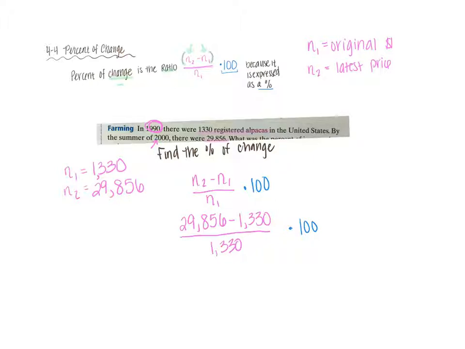Well, if I plug this into my handy-dandy calculator, I should have a difference of about 28,526. And I'm dividing that by 1,330, multiplying that by 100. And what am I going to end up getting?